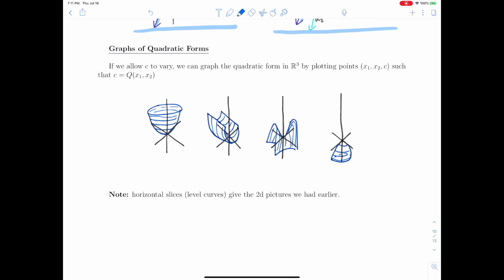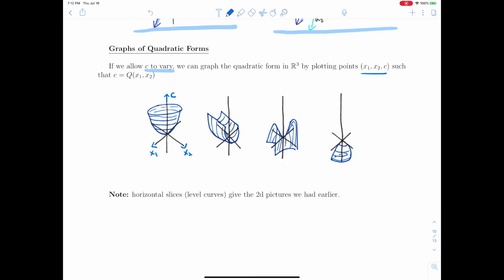Now, if you allow C to vary, then we can plot the graph of the quadratic form, plotting the points x1, x2 and C. So this axis is x1, this one is x2, and the vertical axis is C.